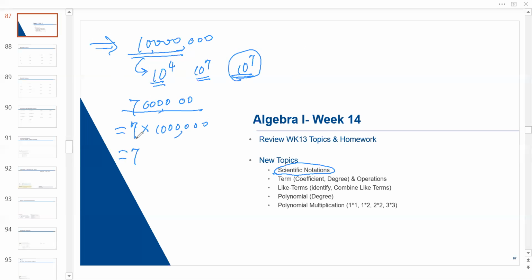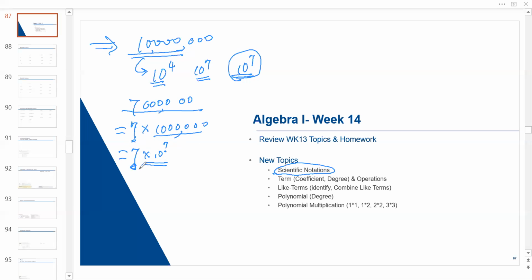So the first part you keep as 7 as is, and this part you write like this. So scientific notation gives you a number times 10 power, a 10 exponent, right?